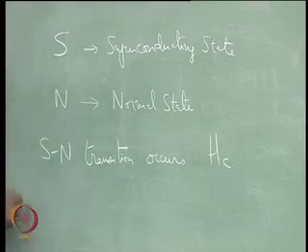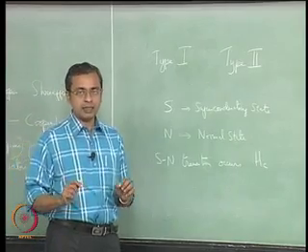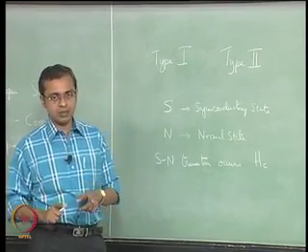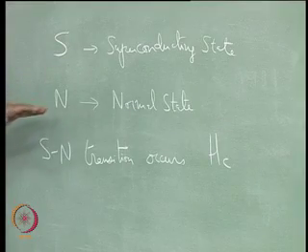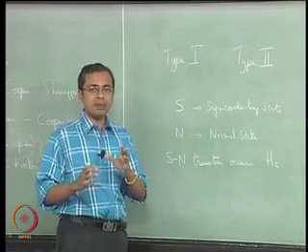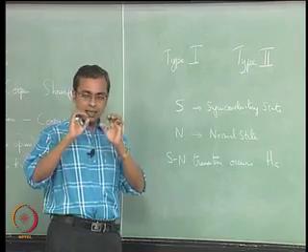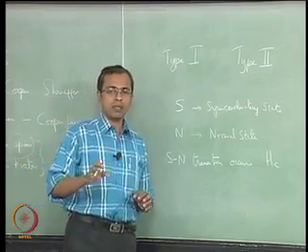In a type 2 superconductor, the S-N transition is not abrupt. That is a significant difference. You have the S state, the superconducting state, and the N state, which is the normal state, but in between there is a mixed state. In this state there are regions in the material which are superconducting and regions which are normal conductors.